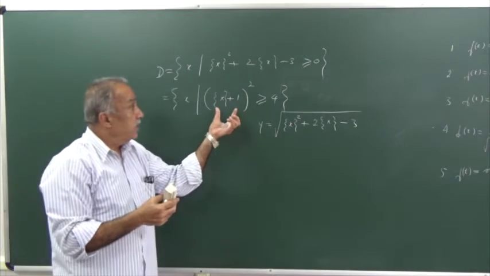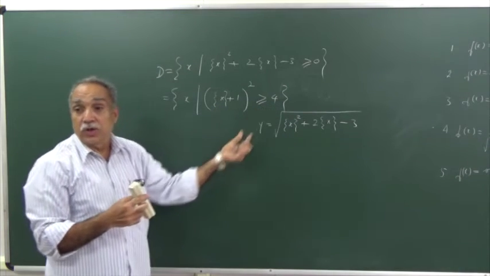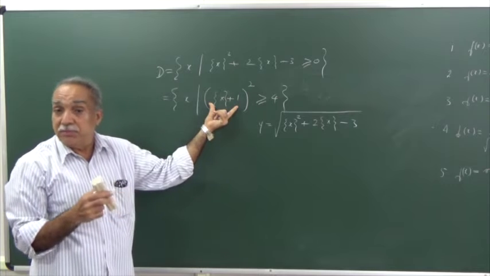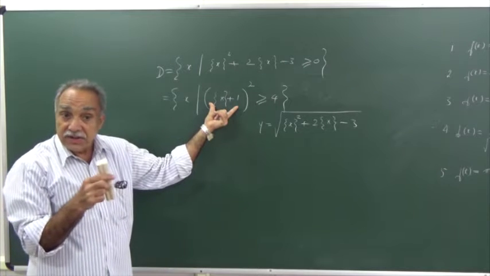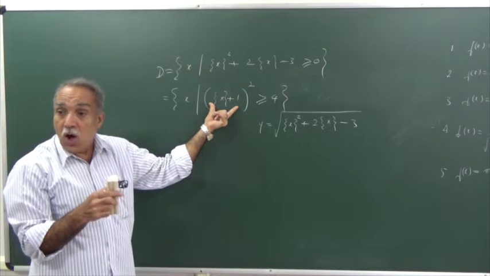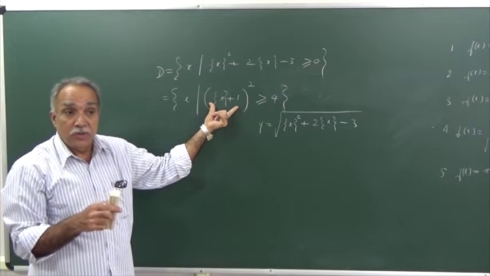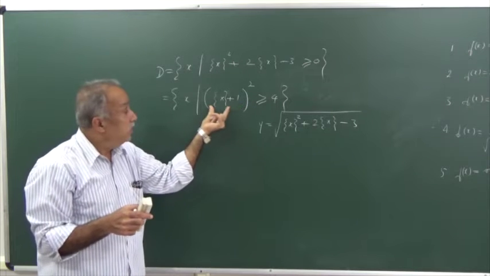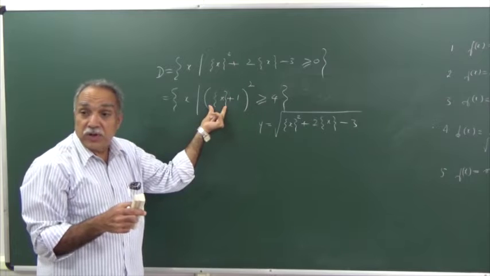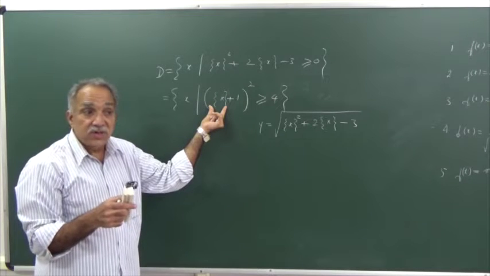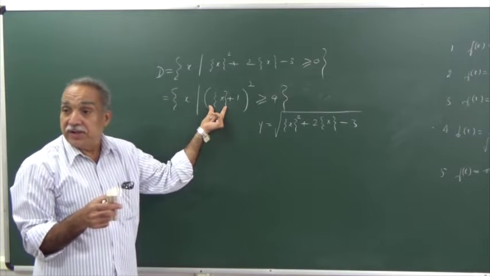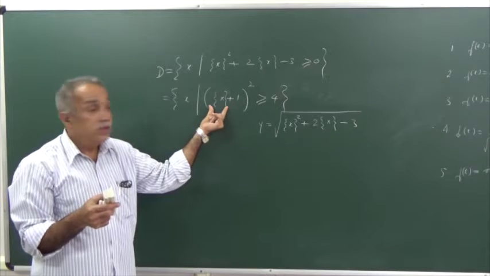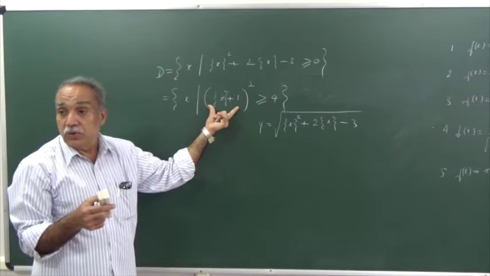To have this square to be greater than or equal to 4, the value of the expression within parenthesis must be either greater than or equal to 2 or less than or equal to minus 2. To have this greater than or equal to 2, this quantity must be greater than or equal to 1. Does there exist any number with fractional part greater than or equal to 1? No. For no x, you get this thing greater than or equal to 2.